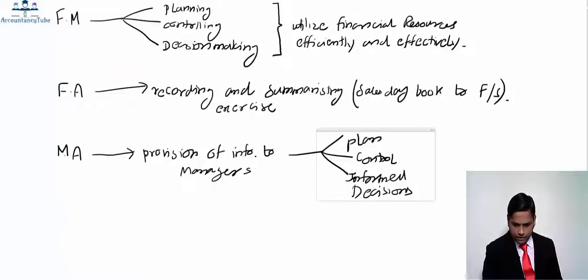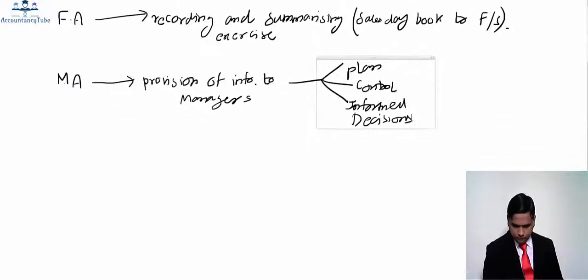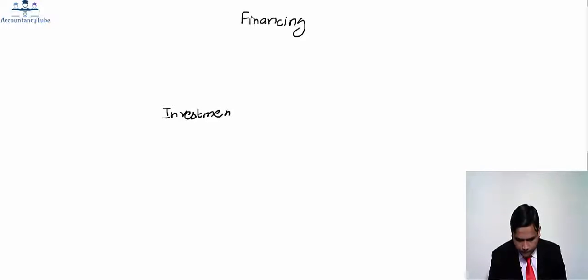It's best understood if I put that in a chart. Now we are learning about the trio of financial management, and that is financing, investment, and dividend.